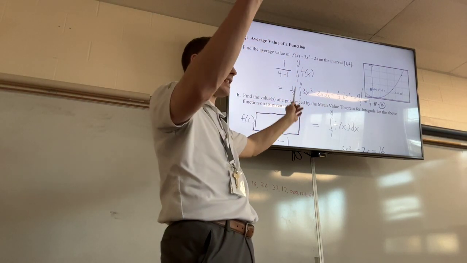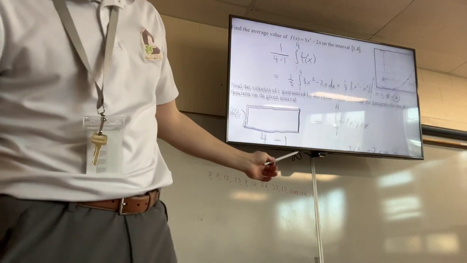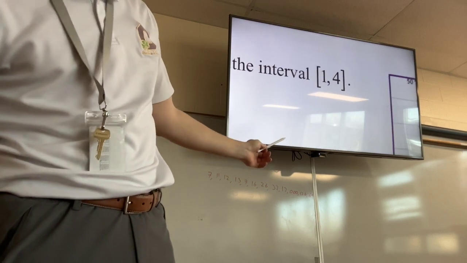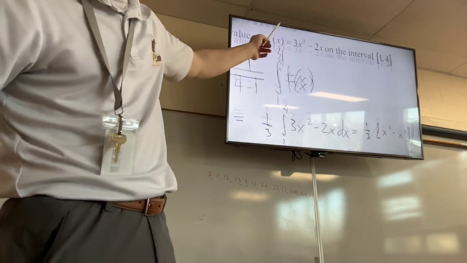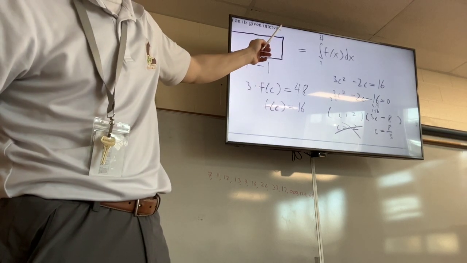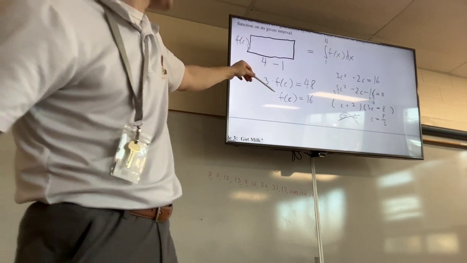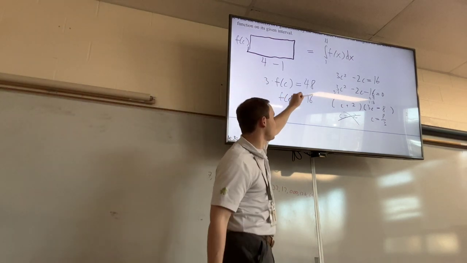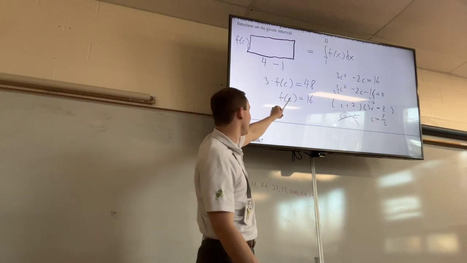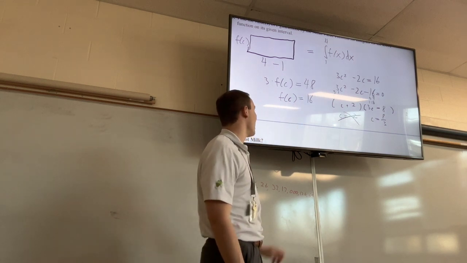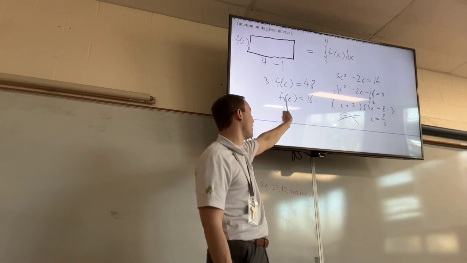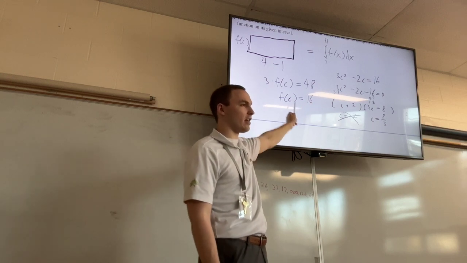It doesn't say anything about the integral of the function. It just says there's some number in this interval that when you plug it into the original function, it equals 16. So the theorem just says when you find the average value, there's some c that when you plug it into f, you get that number. So we want to set the function equal to 16, not the antiderivative.